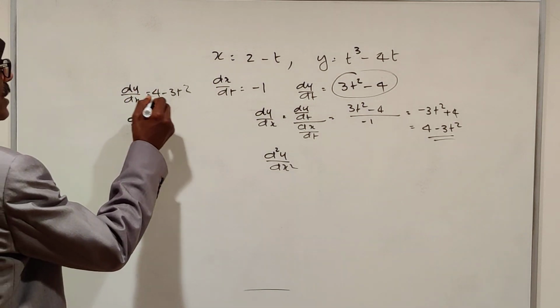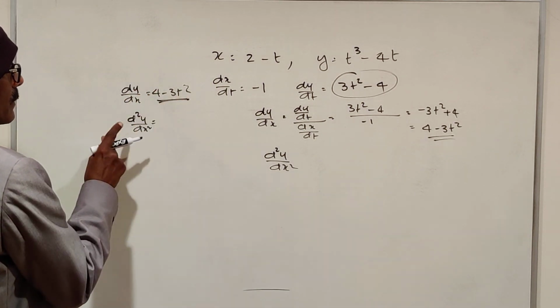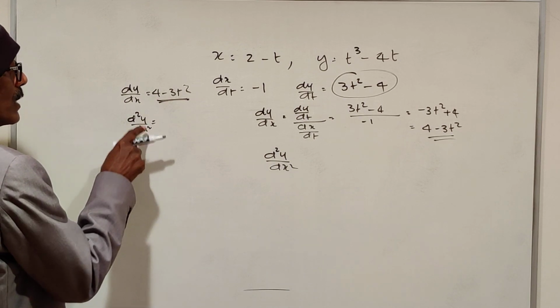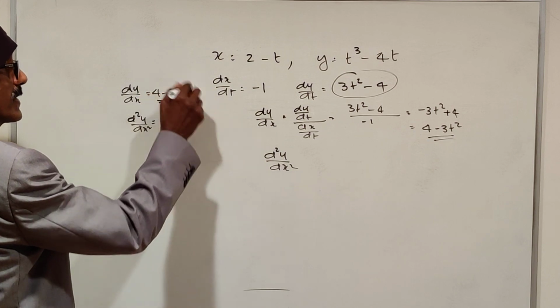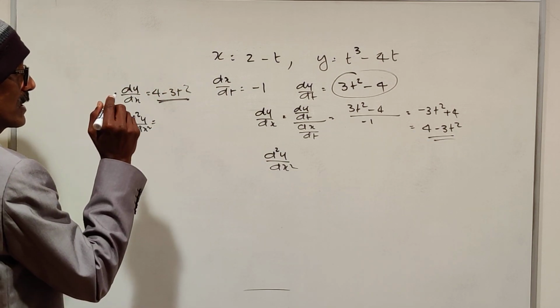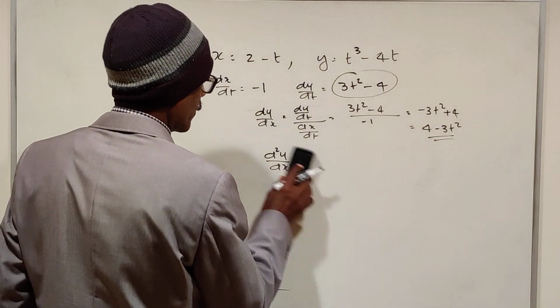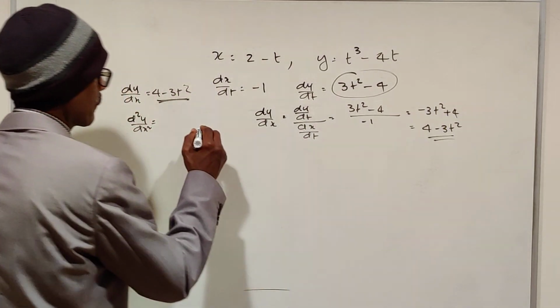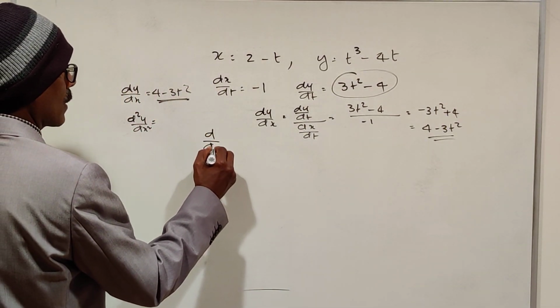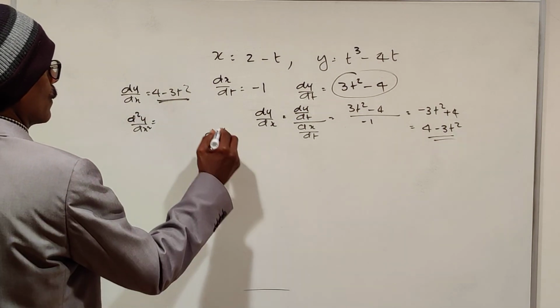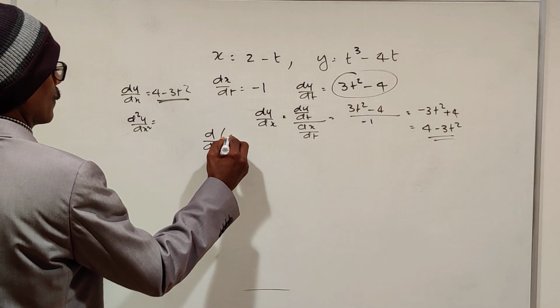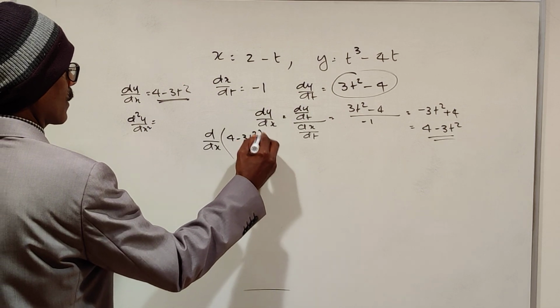So this is the function of t. They are asking you to differentiate this function with respect to x, but there is no x here. How can you differentiate? So this is the method: d by dx of 4 minus 3t square. This is the question.